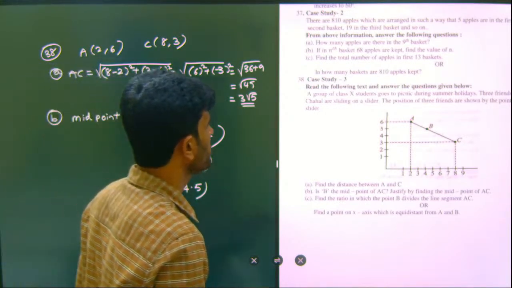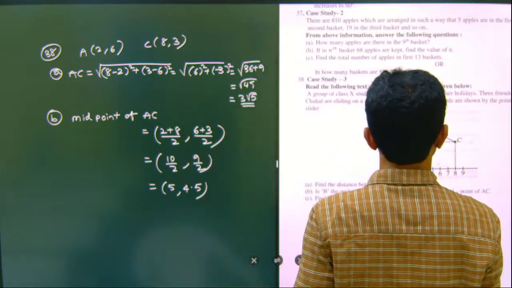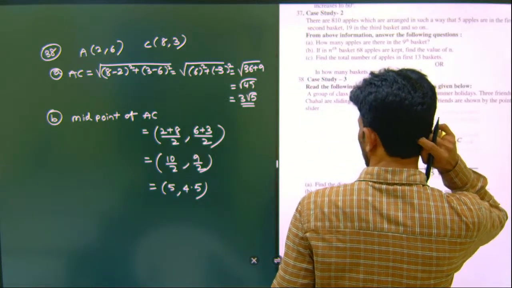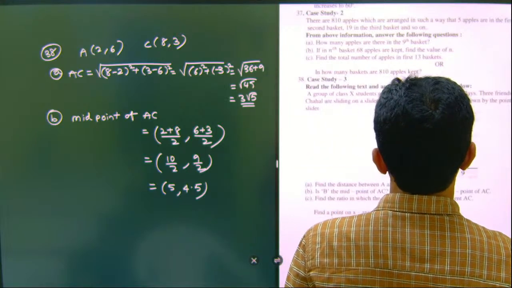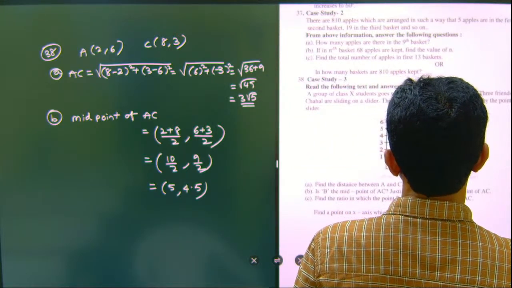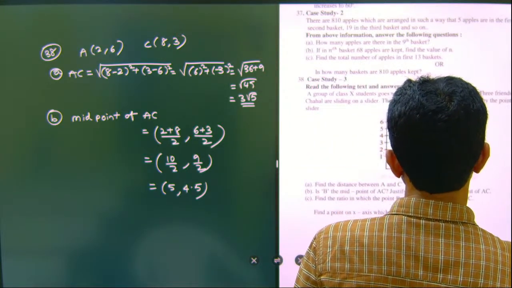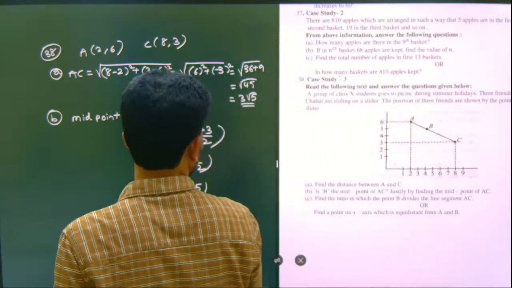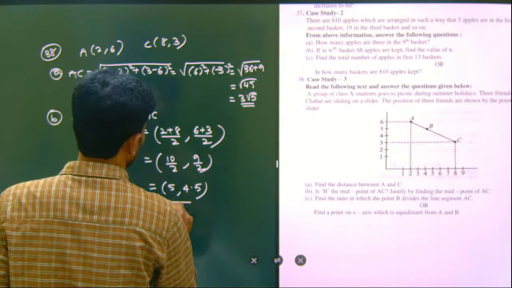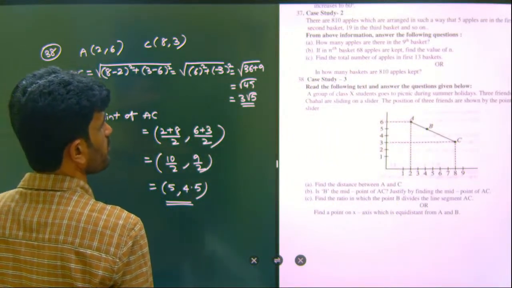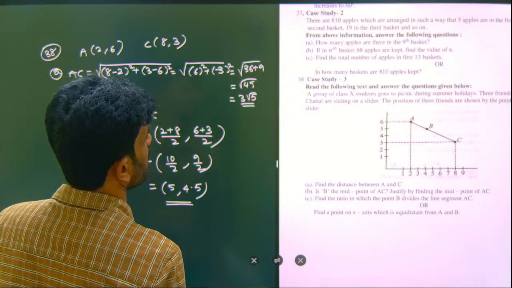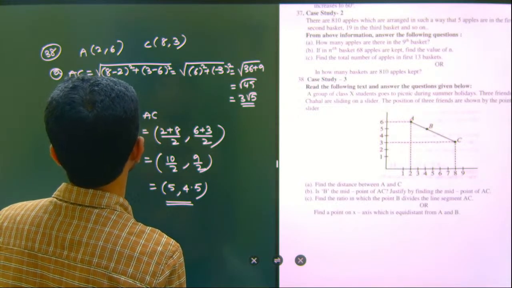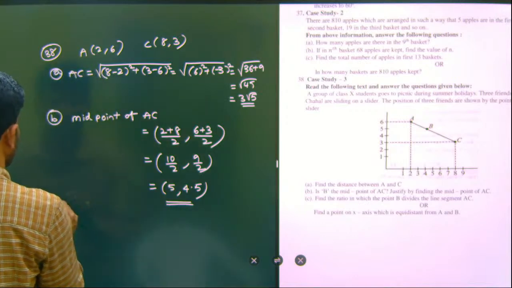Even in the diagram we will have the same. 5, 4.5 it should be, but it is not looking clear there. When we find out the midpoint, we got 5 comma 4.5. 2 comma 6, 8 comma 3. 5 comma 4.5 is the correct answer.